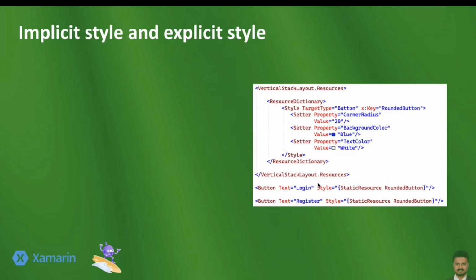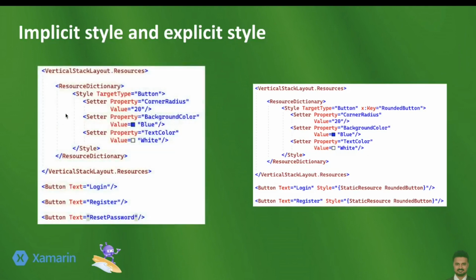This is what explicit style is. And as the name conveys, implicit style means you won't declare the key property, and all the buttons that don't have any style defined will use the particular style.